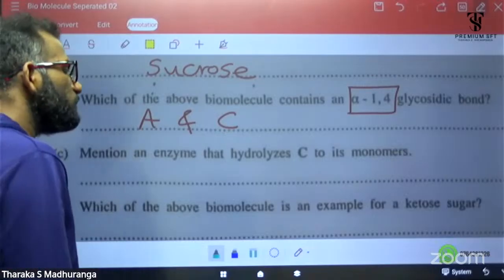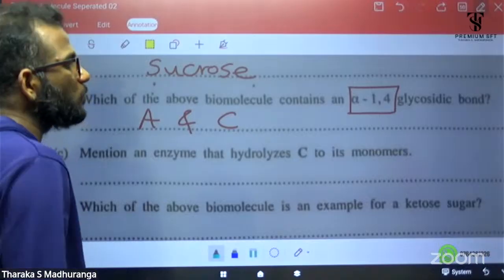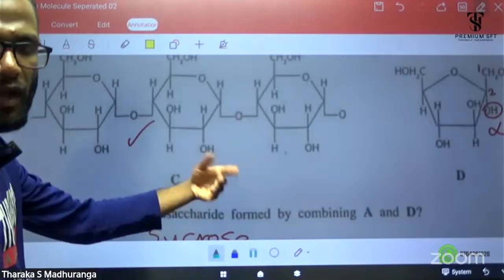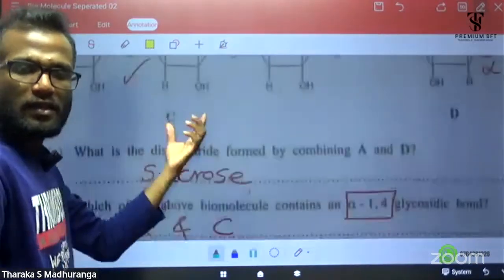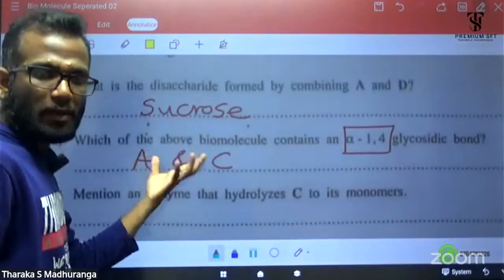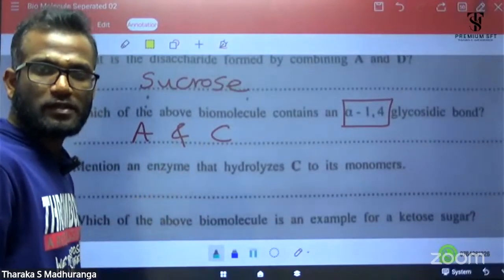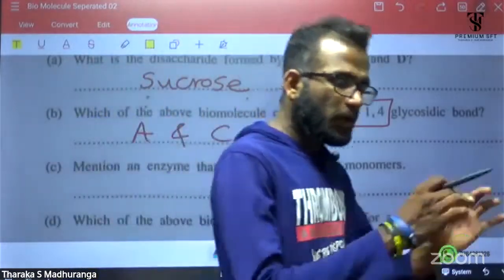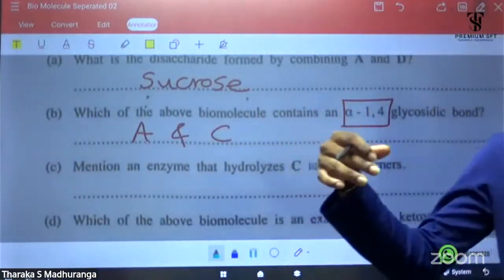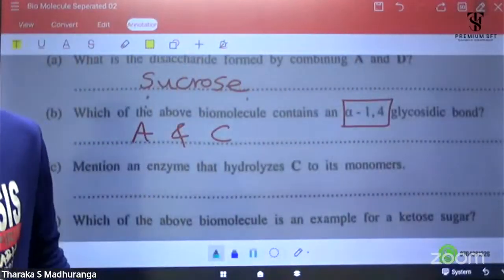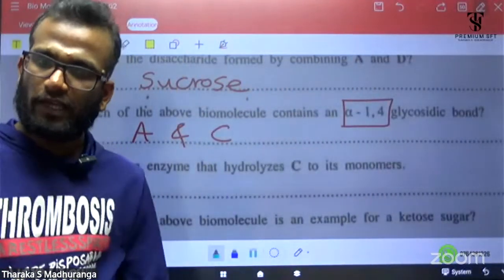Mention an enzyme that hydrolyzes C to its monomers. What's the meaning of C? C is starch, amylose. What is the enzyme? Your chance. How can we break down the amylose polysaccharide chain into glucose again?